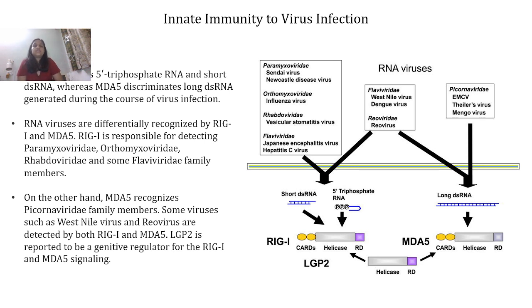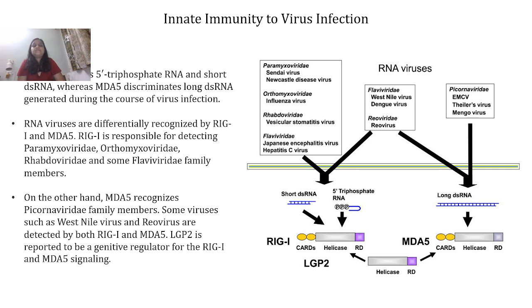I have already taught, Sir has also taught about PAMPs and PRRs. There are pathogen associated molecular patterns which are present on the surface of the pathogens, for example, LPS or any kind of RNA, double stranded, single stranded RNA, which are recognized by the PRRs, or the pattern recognition receptors, which can recognize these patterns and they can induce the immune response.